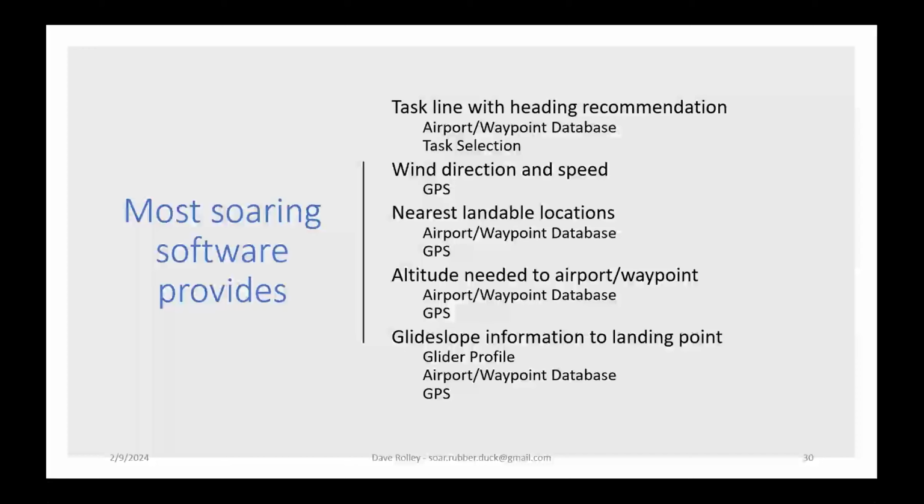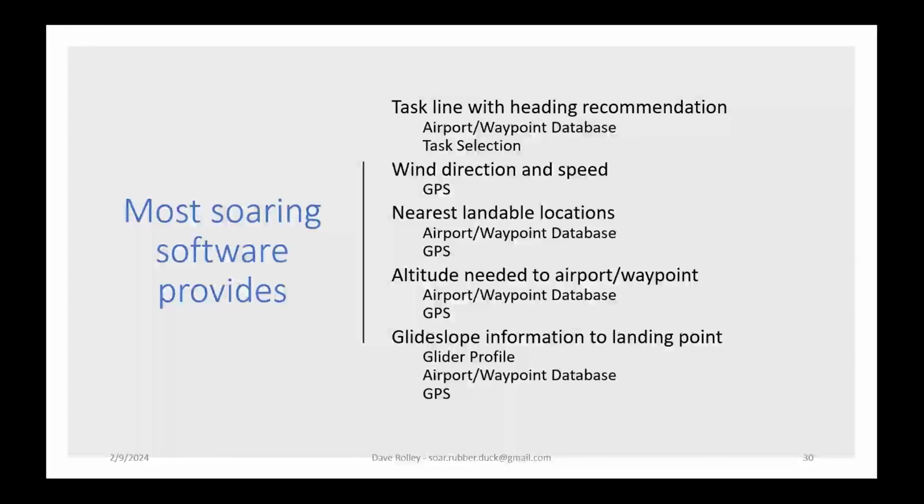Most of the soaring software will give you a task line with a heading recommendation. And of course, that's going to be based on your airport and waypoint database and the task you have selected. It's going to get wind direction and speed, and that's going to come from using the GPS information. Nearest landable locations, again, our database and GPS.